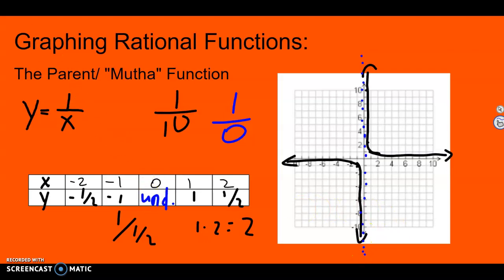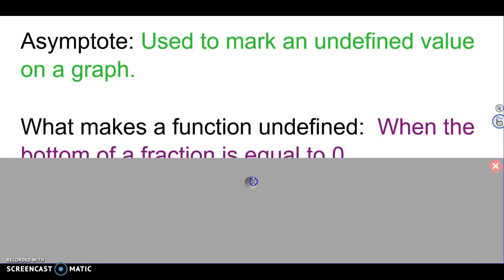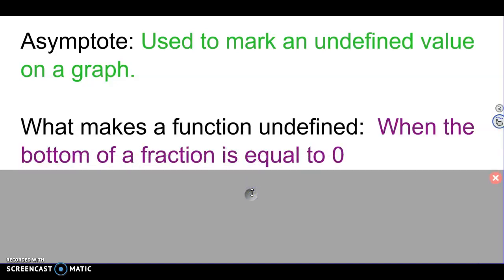So let's take a minute and talk about asymptotes. Asymptotes, we just showed, are used to mark an undefined value on a graph. The question comes up, what makes a function undefined? Well, a function is undefined when the bottom of a fraction is equal to 0, and that goes back to our rule that you can never ever divide by 0.